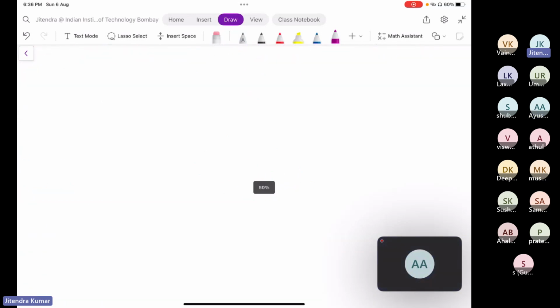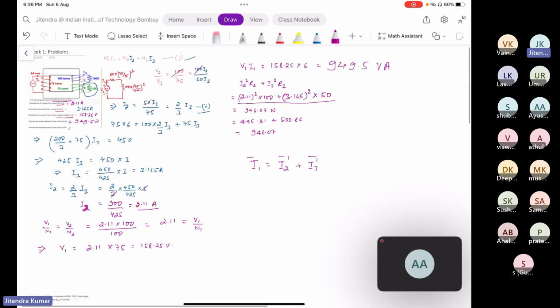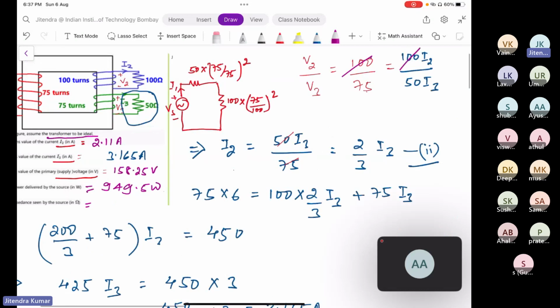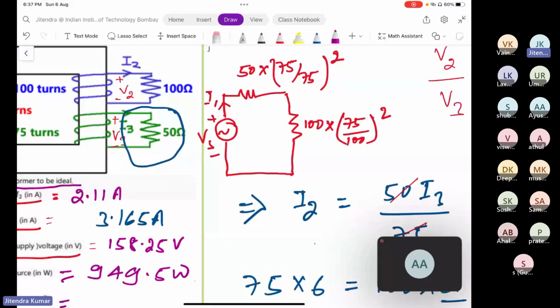See, I1 could be equal to I2 dash or I3 dash because we connected both resistances in series. Whatever I1 is flowing, the same value of current will flow as I2 dash through the secondary resistance and I3 dash through the tertiary, and both are the same.